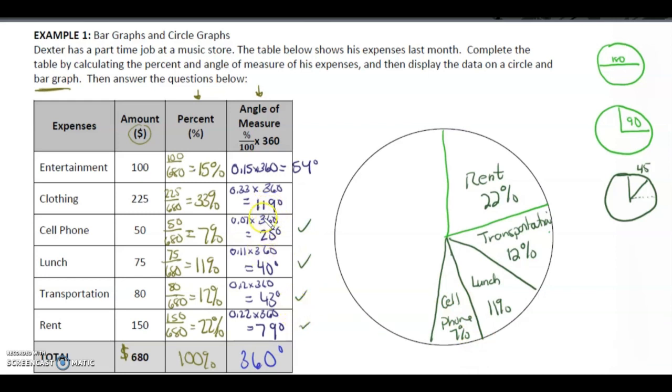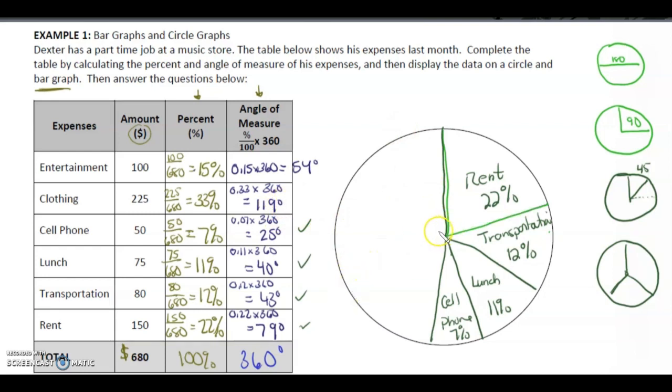Okay, 119 degrees for clothing. So this is 33%. So this is the third. Okay, so a third would be, if you think of like a peace sign, a third would be like this. I'm going to draw over this in darker green. That's fine. Okay, so this would be a quarter, right? 90 degrees, but we're looking for 119. So it would be 20 degrees more.